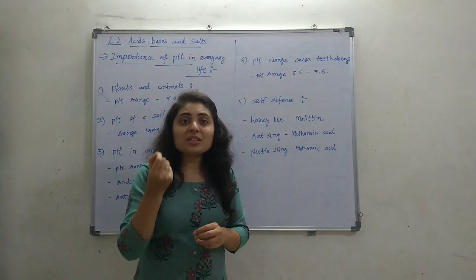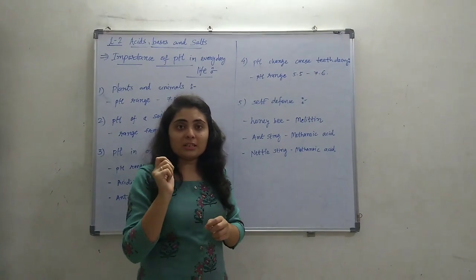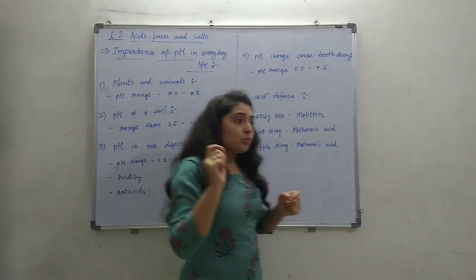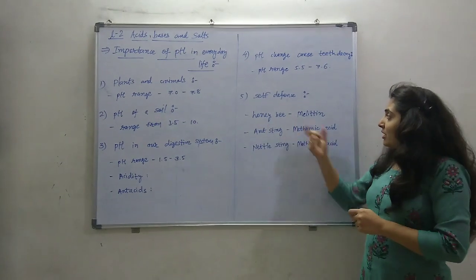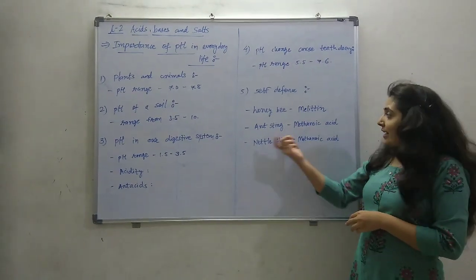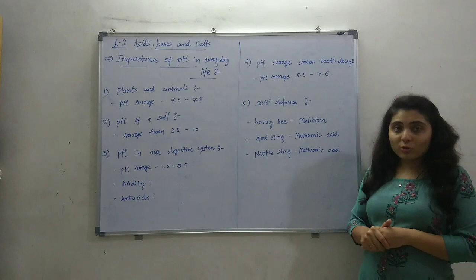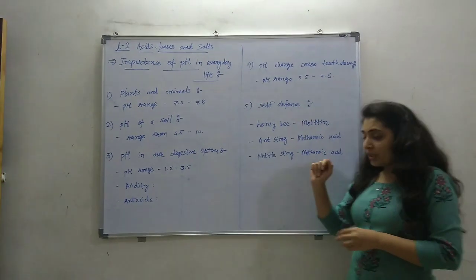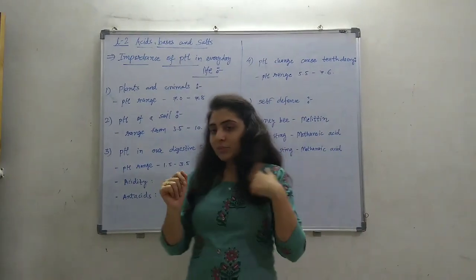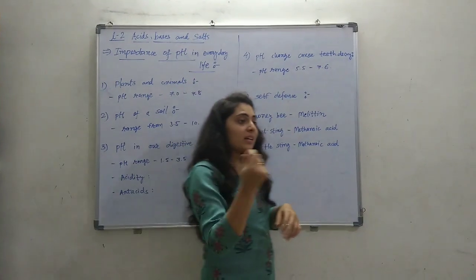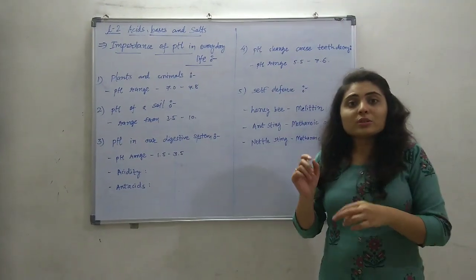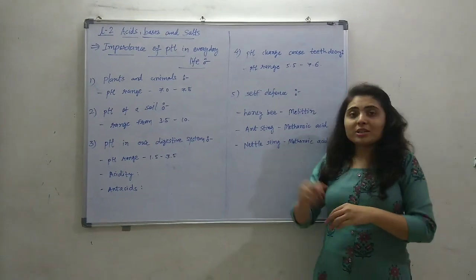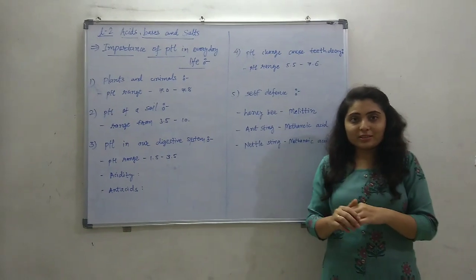The honeybee sting contains melittin and the ant sting contains methanoic acid. This gives pain and irritation because these acidic materials enter the body.